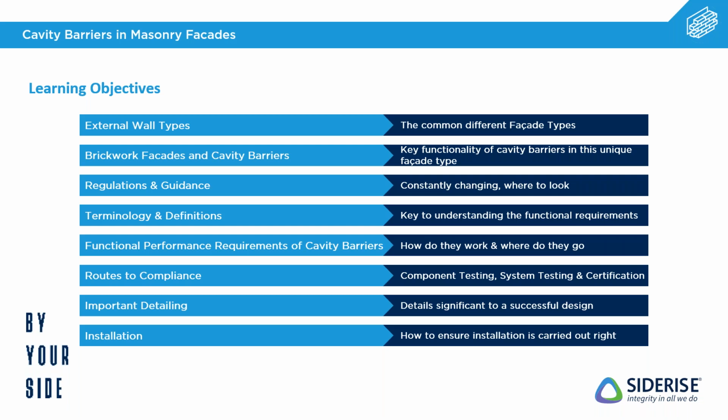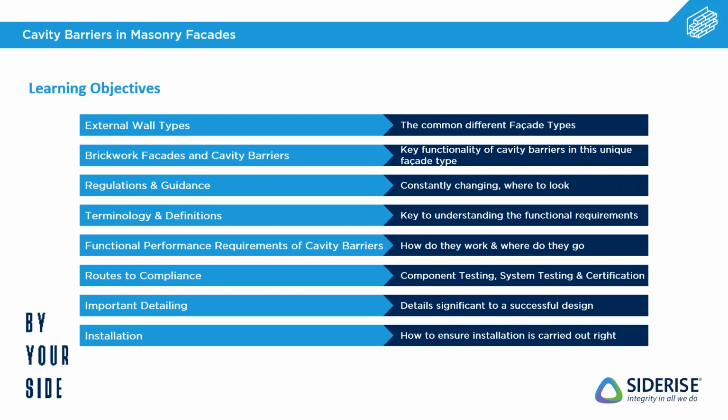Then we're going to look at specifically how cavity barriers need to function within this kind of application and what essentially drives the design for us as a manufacturer as to how we make these products to fit into the application. And then the very important routes to compliance, where we're looking at how they're tested to make sure that they're suitable.